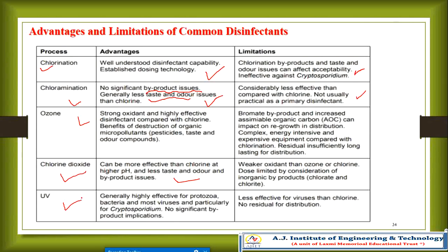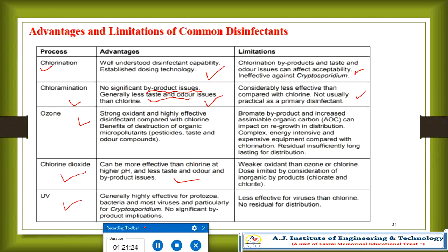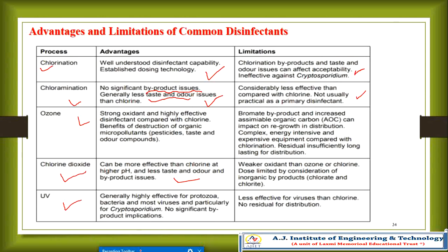Residual in distribution you cannot do; you have to add chlorine again. Again you get limitations. That is again the limitation of UV. Okay. So this is about today's topic.